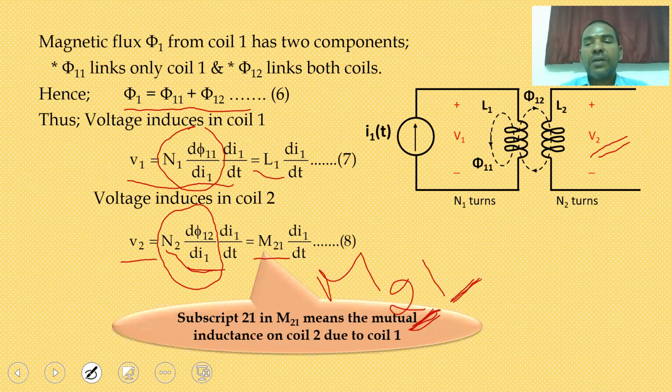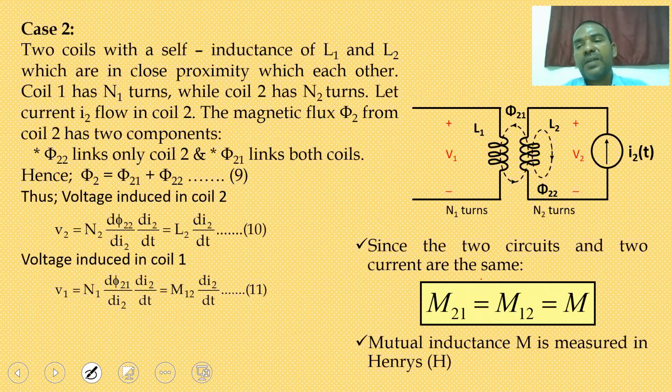Then coming to the second case. Here I am taking the same circuit, but I have excited the secondary side with a current of I2 amperes. Here L1 is the first coil self-inductance, L2 is the second coil self-inductance, N1 is the first coil number of turns, N2 is the second coil number of turns.